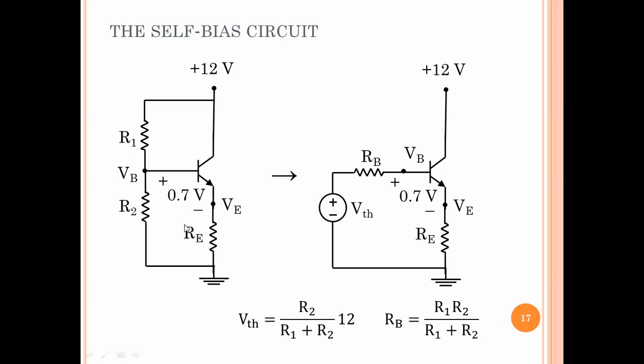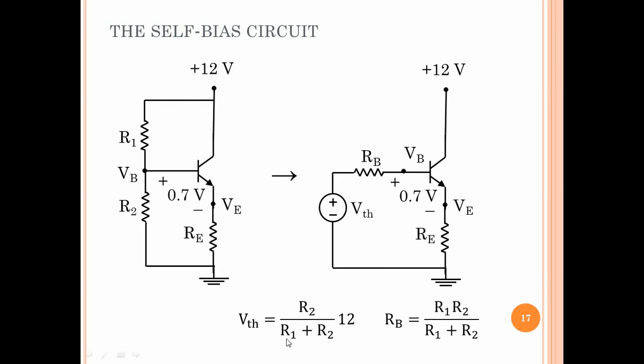Now to analyze this circuit, and again I'm assuming you may have done this before, we take the 12 volts, R1, R2 and find the Thevenin's equivalent across the base node and ground, to the left of the line here. So we have 12 volts, R1, R2. The Thevenin's voltage is simply a voltage divider.